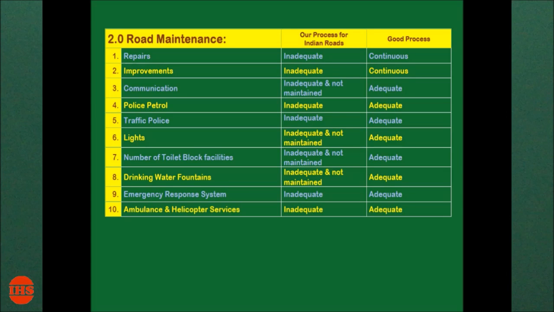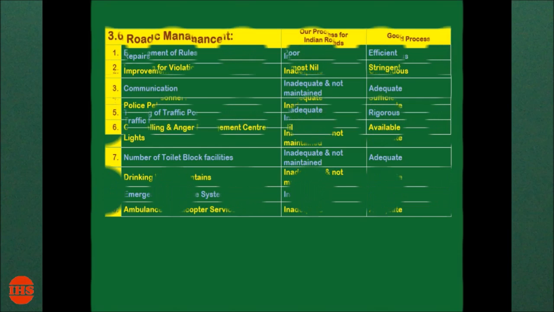Good process, it is adequate. Emergency response system on Indian roads, it is inadequate. In good process, it is adequate. Ambulance and helicopter service on Indian roads, it is inadequate. In good process, it is adequate.